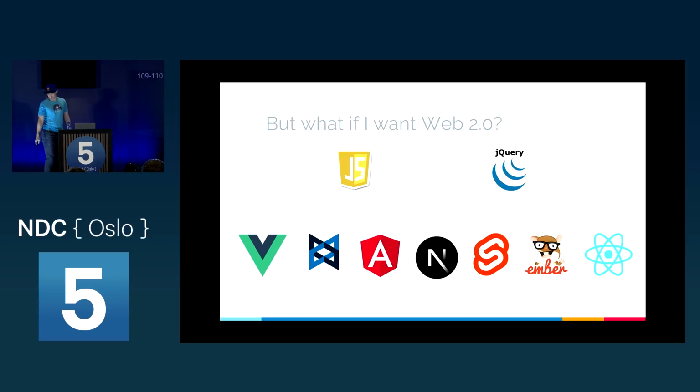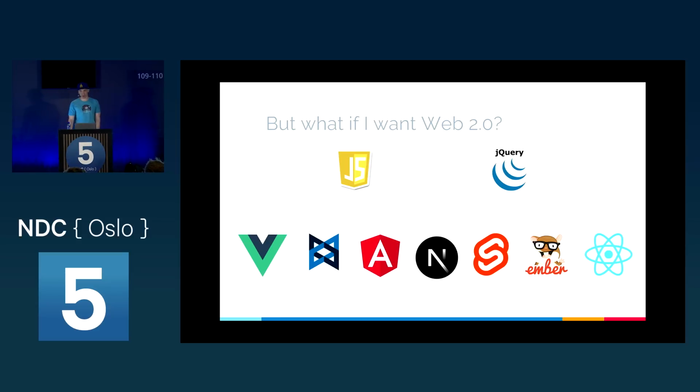What about the blue and black thing? We're skipping that one. What about the red A? Angular. What about the black N? Next.js. What about the S? Svelte. What about the thing that says Ember? And what about the last one? React. So what's this one? I said it already. Knockout.js.